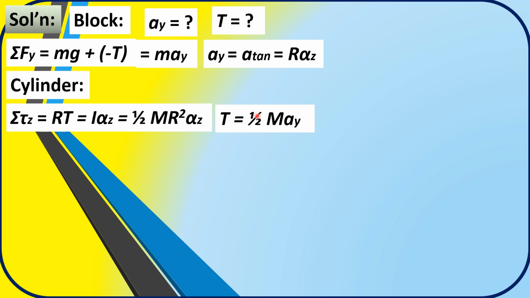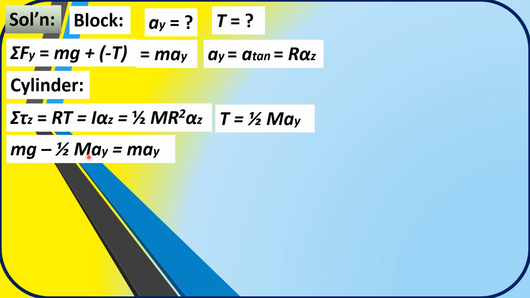Then, going back to the summation of the forces acting on the block, and substituting the equation for capital T, we get mg minus capital T in terms of 1/2 capital M a sub y, equated to small m multiplied by a sub y.